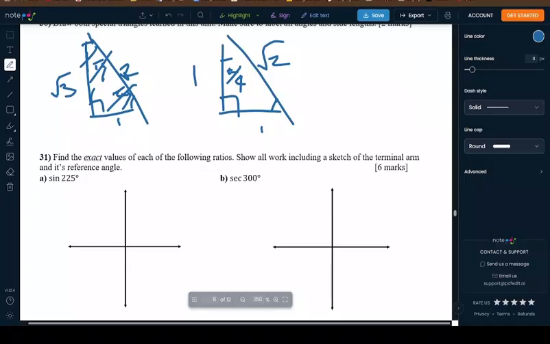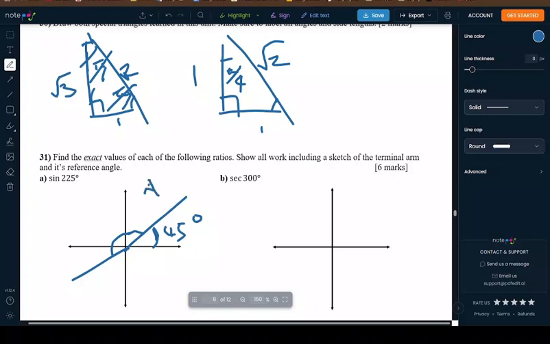Find the exact value of the following ratios. Show all work and sketch the terminal arm and its reference angle. Sine 225. So 225 is somewhere here, and we will have 225 minus 180, so 45 degrees. So sine of 45 degrees is equal to what?